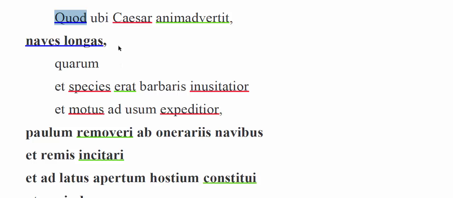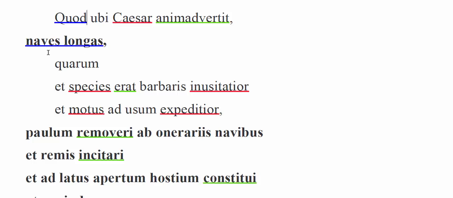Caesar gave a command, but we don't need to come there yet because we can simply experience the things that Caesar ordered to do. So the long boats. Now these would be the triremes, or we would think of them perhaps as the actual warships as opposed to the cargo ships, which are the onerariae, which we will see in a moment.